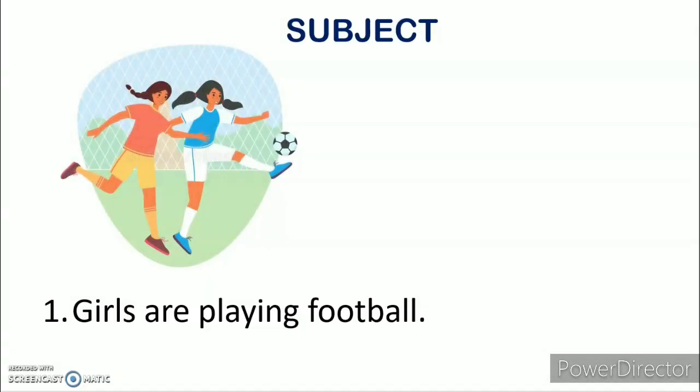After verb, let us discuss subject. Subject in a sentence is the one who performs the action. In the following example, the girls are playing football. So what is the verb? First of all, we have to identify the verb. The verb here is playing.